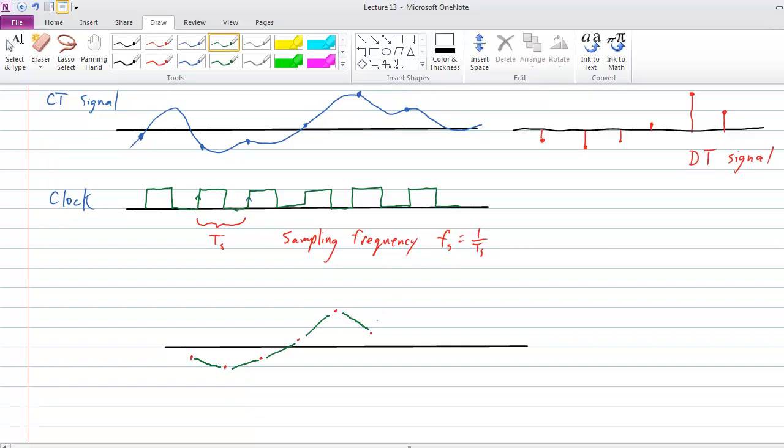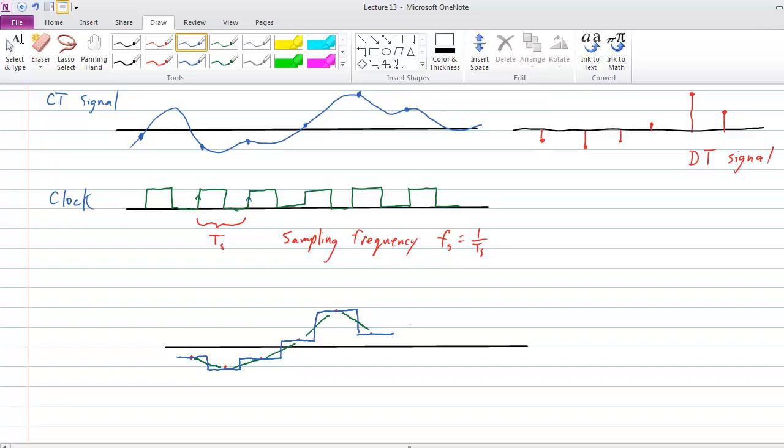Okay, that's one way. Let me do something even worse, but maybe the first idea is just to make it flat at that value for the duration of the interval. Okay. So there are names for these methods, and of course it's now continuous time.